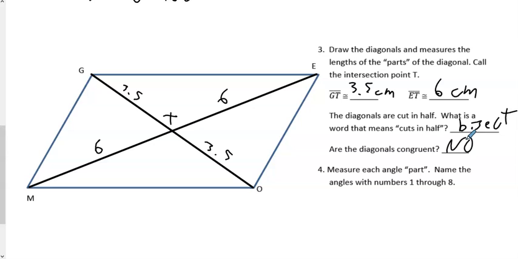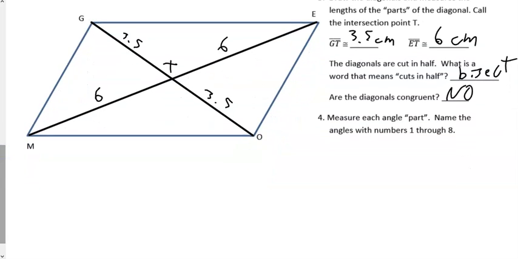Definitely not equal. Then it says measure the angles at each part, number 1 through 8. We're not going to worry about numbering. We're just going to go through and put them in here. So this one down here is 20 degrees. And this one right here is 40 degrees.